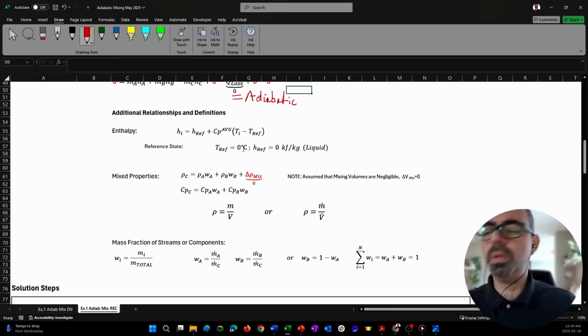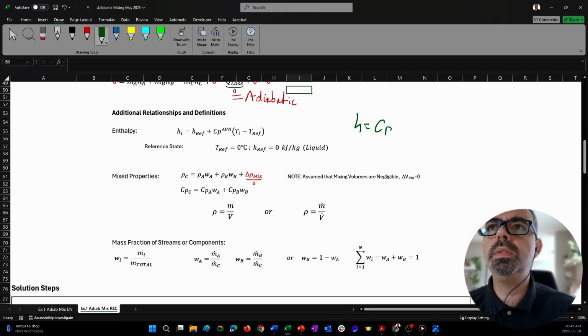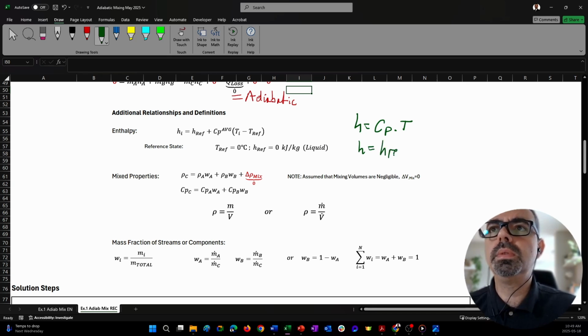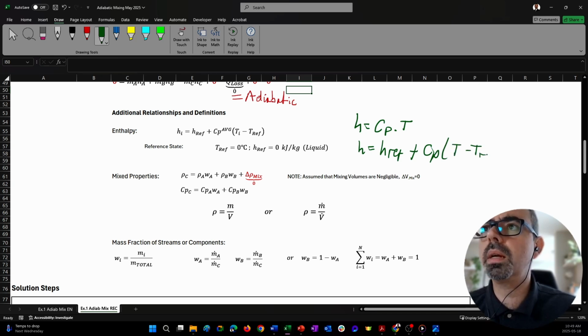So this is something important here that I notice many times the students write the equation for enthalpy H equals Cp times T. Okay. This is a simplified version after applying the reference state. So if we write this equation again, complete: H_ref plus Cp times the temperature difference, T minus T_ref.